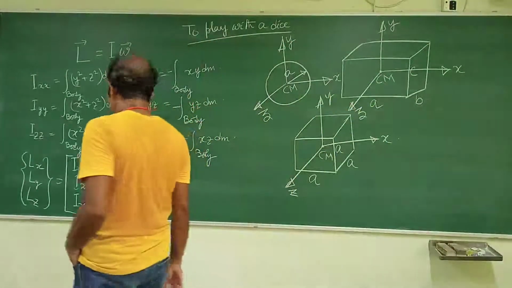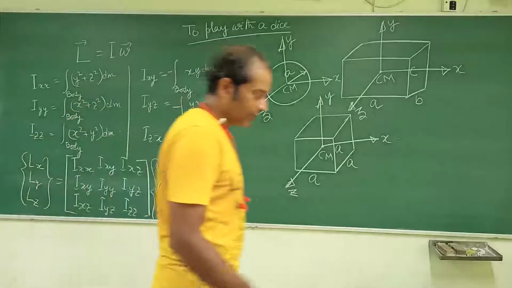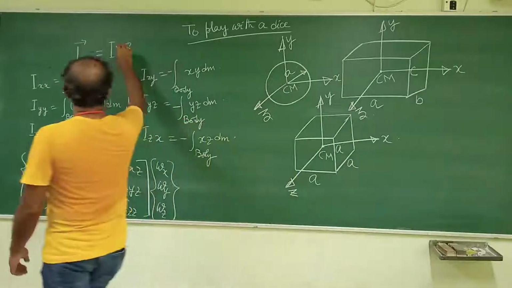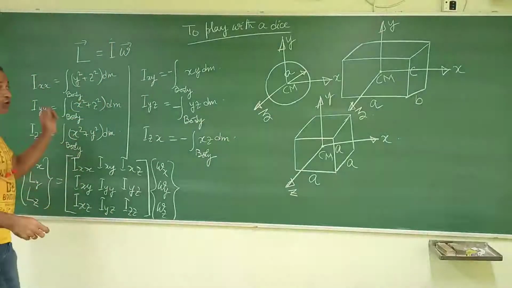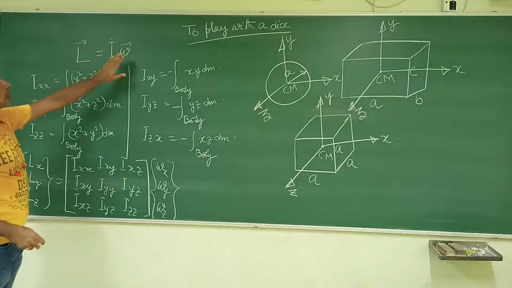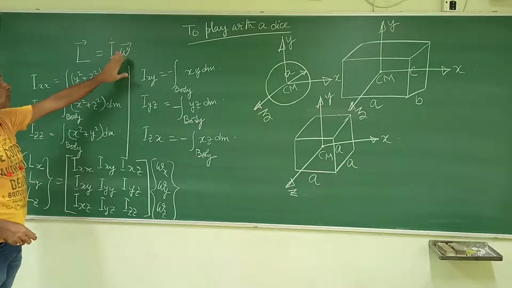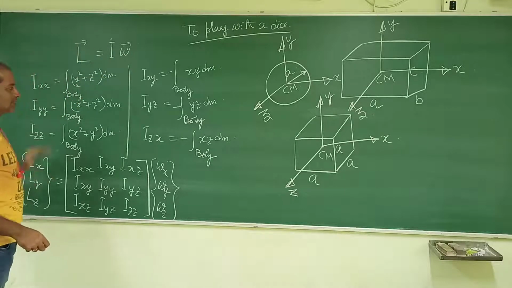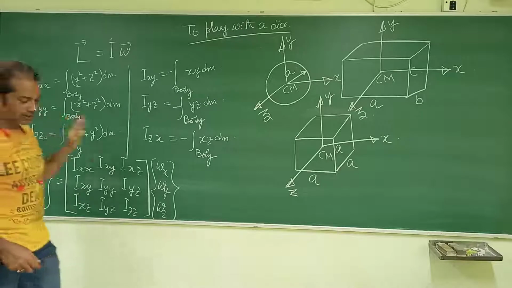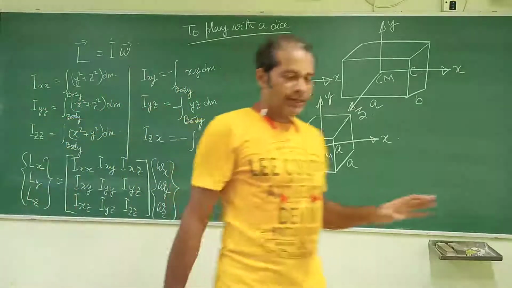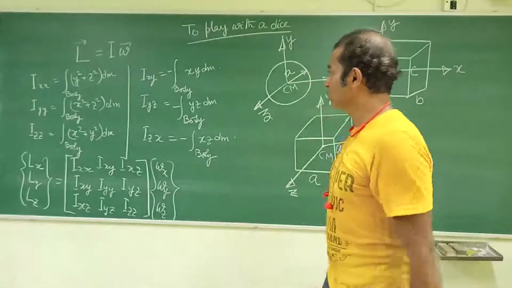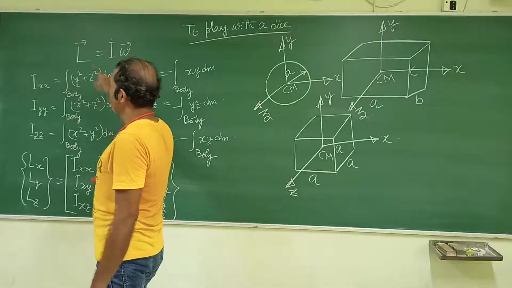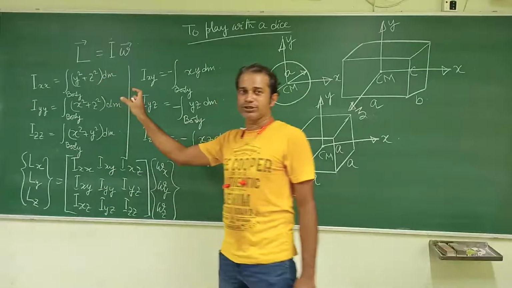We have seen that our inertia was a tensor, and it is just converting the angular velocity to angular momentum. Now I have written what you have studied earlier: Ixx, Iyy. Ixx decides what happens if you rotate with respect to x.